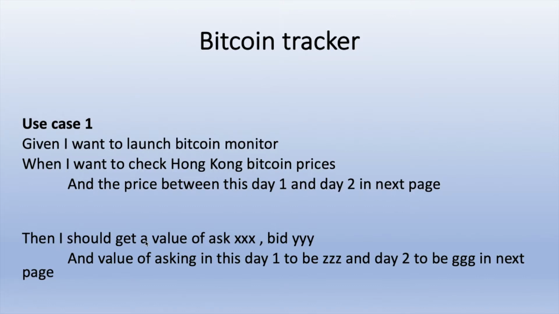So I should also get the value of the asking price, which is for example this value, and the bid price, which is represented by this value, and the value of asking on day 1 to be this value, and day 2 should be this value in the next page. So basically here I'm trying to select the Hong Kong Bitcoin prices, and then I'm trying to find the prices between the range of this day and that day.